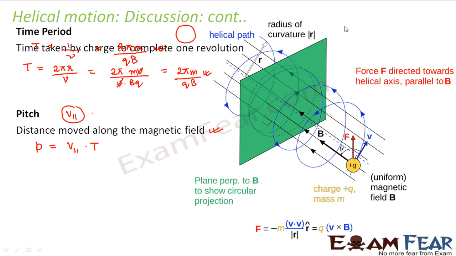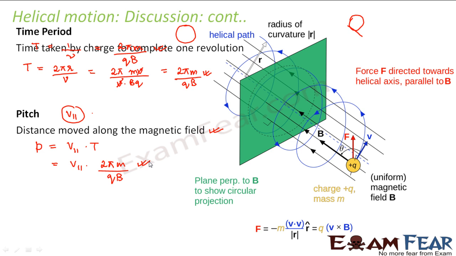That means when one revolution is covered here, how much distance is covered linearly? So the velocity will be the parallel component of velocity, and the time taken will be the time period of one revolution, right? So this is v parallel multiplied by 2 pi m divided by qB. So this becomes the pitch of the helix.